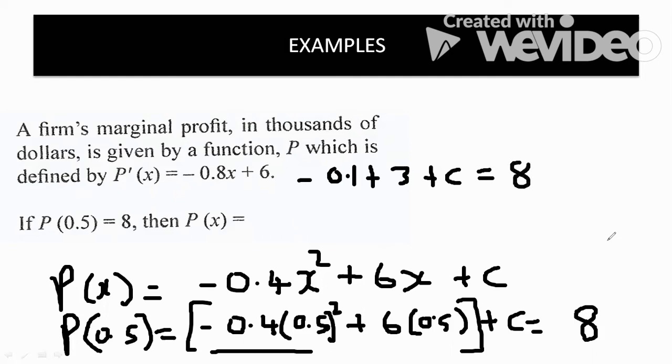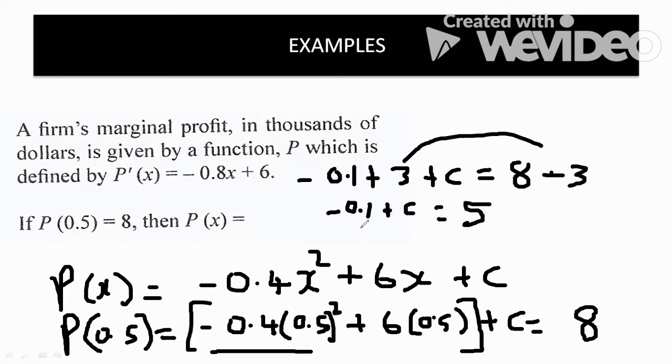So let's work this out. I'll just subtract 3 from both sides. So you'll end up with negative 0.1 plus c equals 8 subtract 3, which is equal to 5.